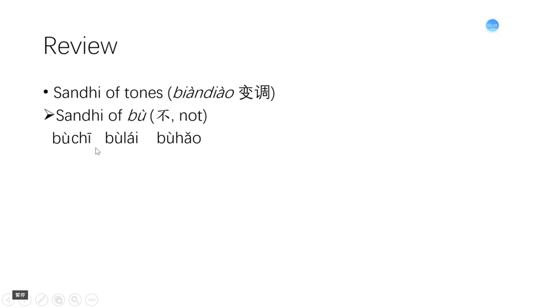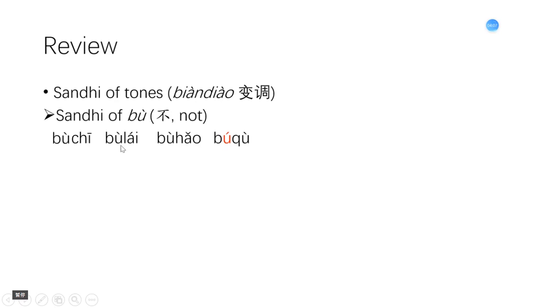So in these cases, we pronounce 不吃, 不来, 不好. But if bu is put before a fourth tone syllable, there is a change in tones. The fourth tone of bu is changed into second tone. Like the last one, we say 不去.